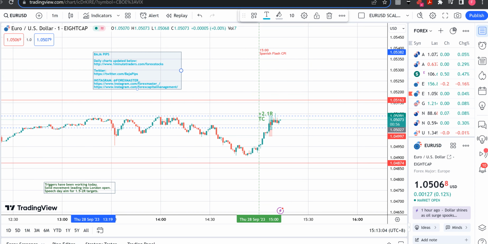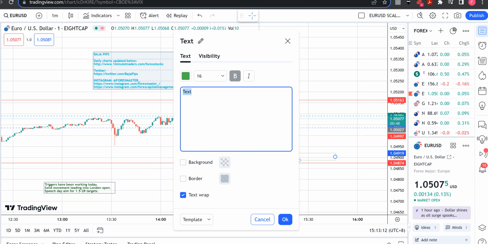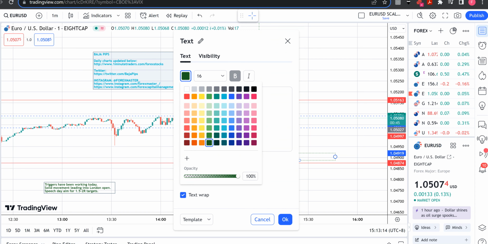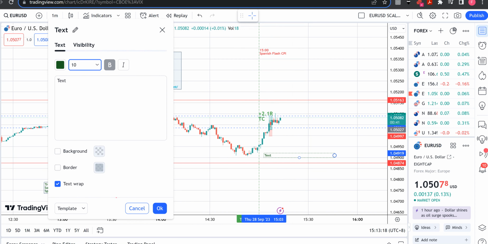What else do I want to say? Write a note here. There was a trade that I missed right at the open. There are many opportunities, so if you miss something, it's okay. You could find something else like I just did. I'm going to write: I missed this RB.